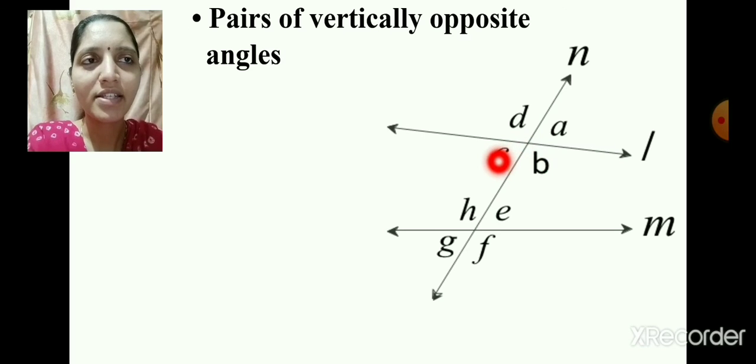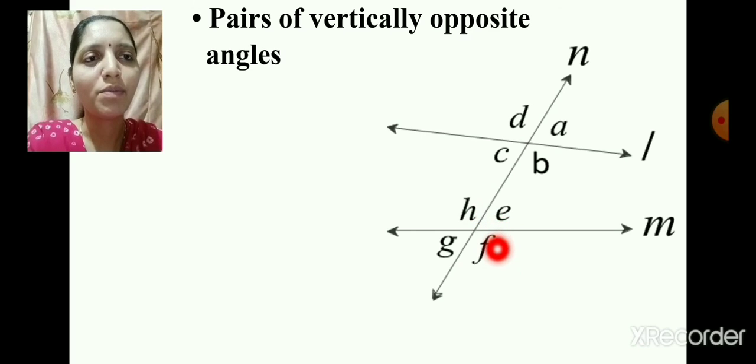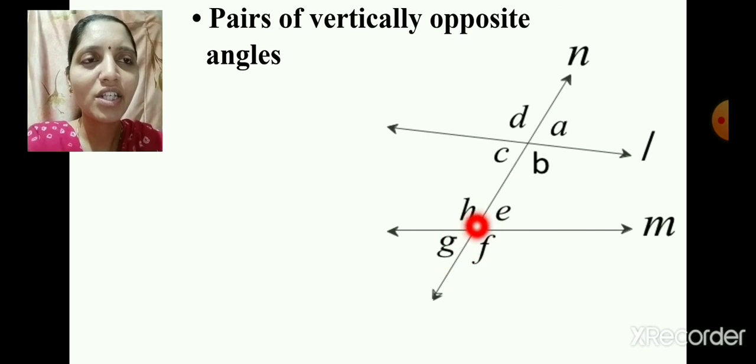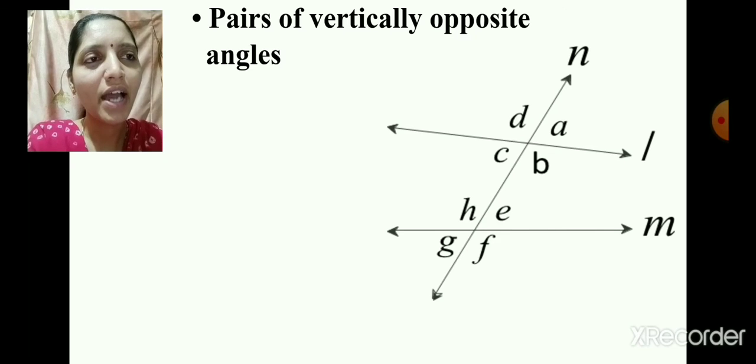Angle C and angle A is the first pair. Angle D and angle B is the second pair. Similarly, angle H and angle F will be the third pair, and angle G and angle E is the fourth pair. So how many pairs are formed here? 4 pairs of vertically opposite angles.